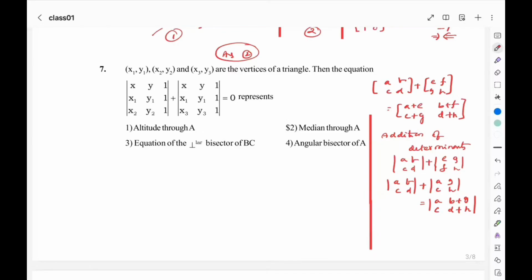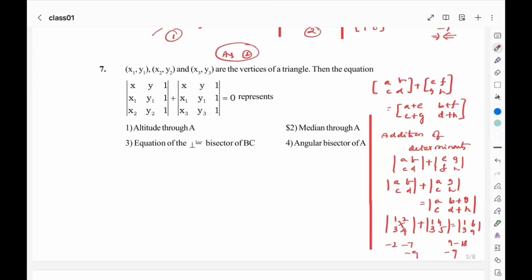You can check whether what I told is correct or not. Take 1, 2, 3, 4 plus 1, 3, 4, 5, and 1, 3, 2 plus 4, 6, 9. You can check: 4 minus 6, 5 minus 12, here it is 9 minus 18. See.